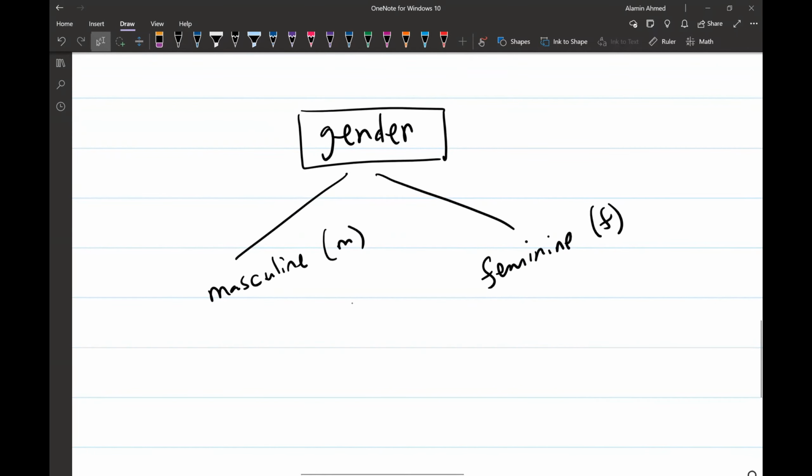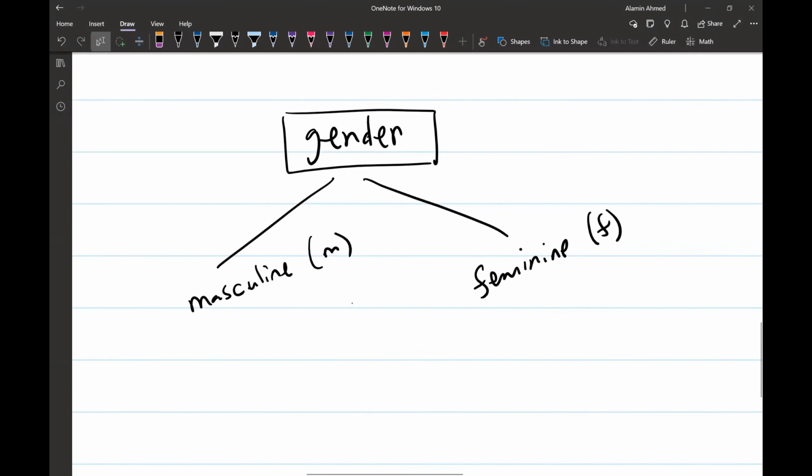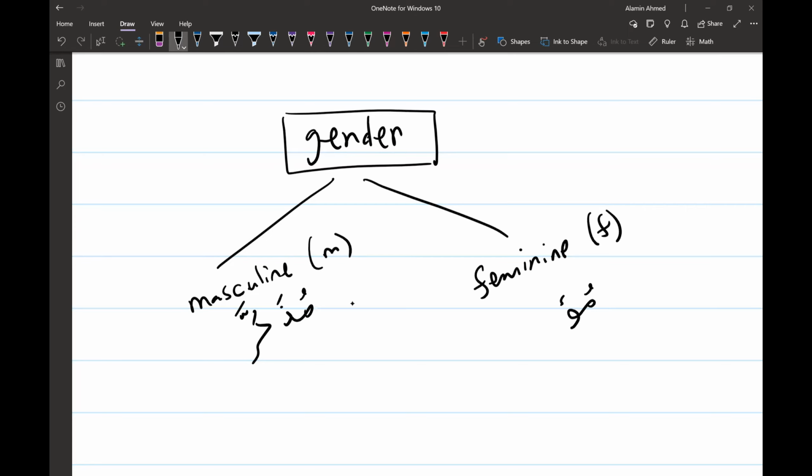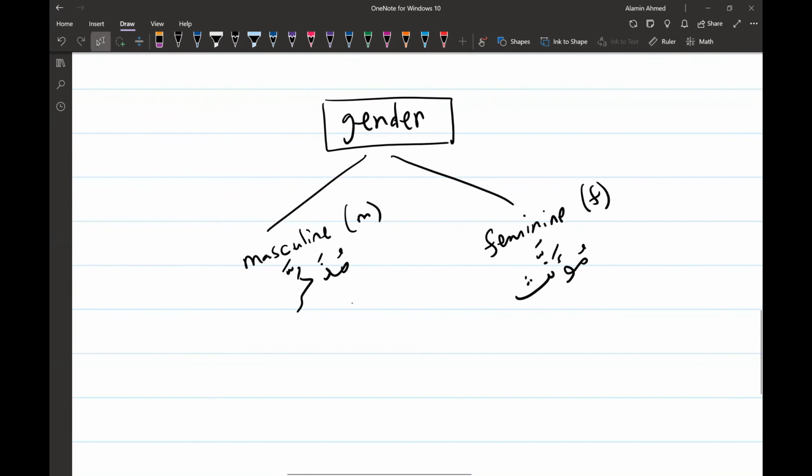They will come in very handy, so please memorize them. Masculine is mudhakkar, and feminine is mu'annath. So in Arabic language, we only have two genders, masculine and feminine.